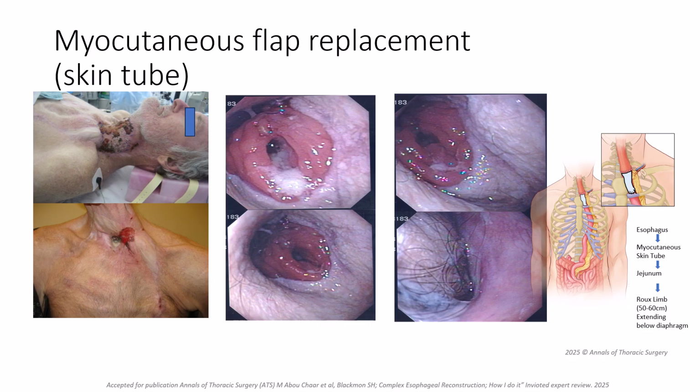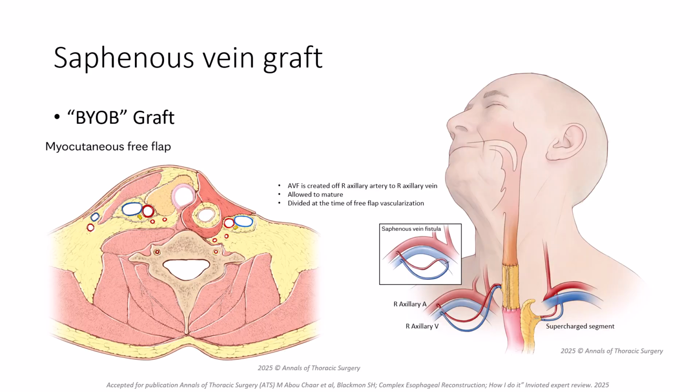This gave the patient, during endoscopy, the anatomy of esophageal lumen, myocutaneous skin tube, which we called the hairy esophagus, jejunum, and then extending down more distally into the bowel.